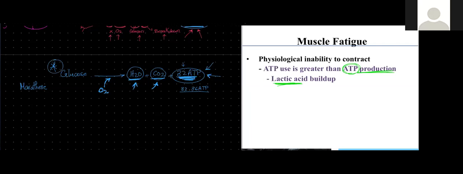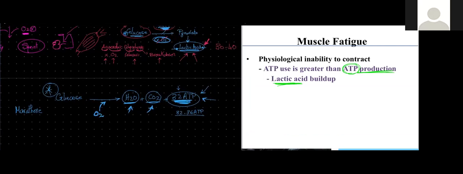Simply because you are producing a lot of energy, a lot of ATP, and you're not producing lactic acid like in anaerobic glycolysis. So it's much less likely to develop muscle fatigue if you are performing a low intensity exercise.